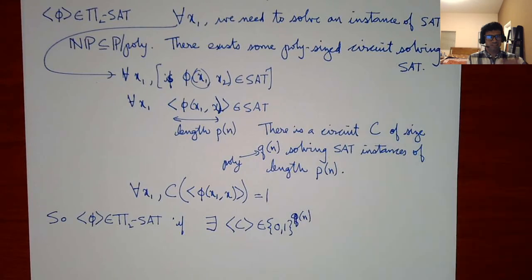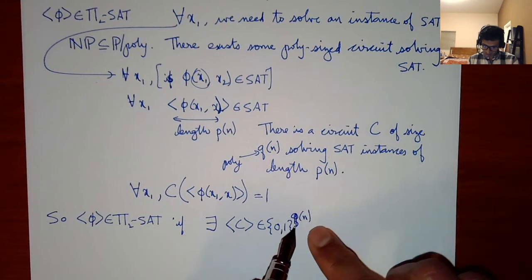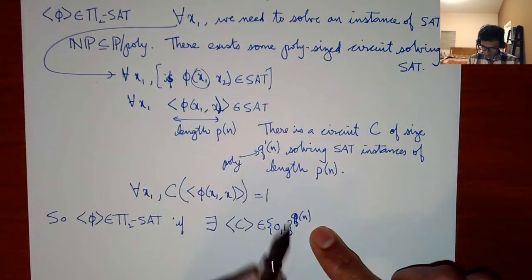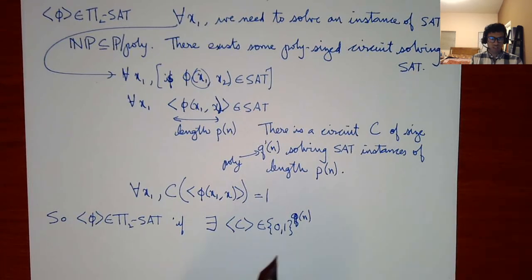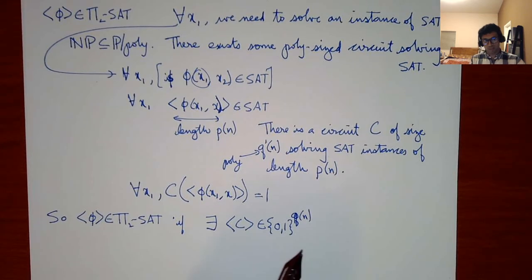So there is some circuit whose encoding length is q of n. So we non-deterministically actually guess what the circuit is.